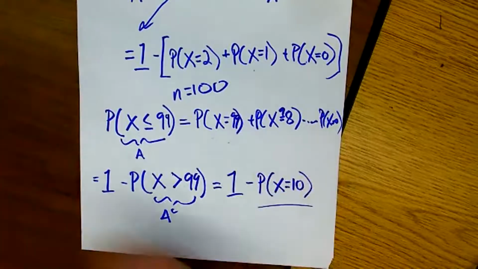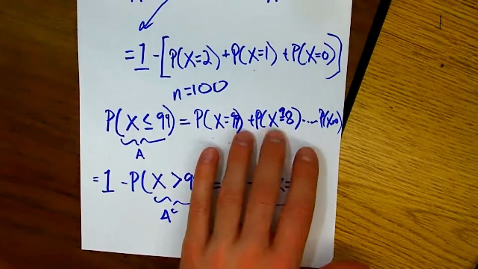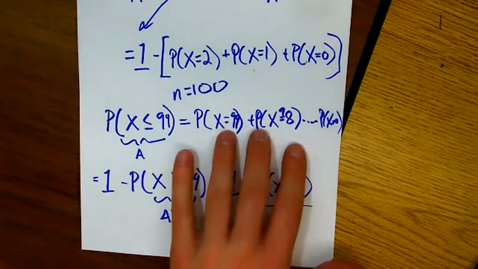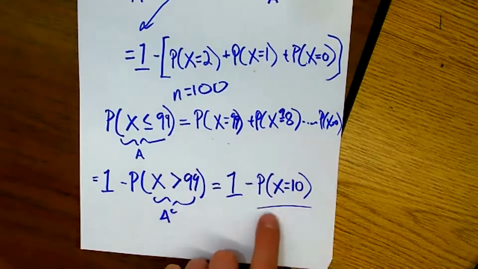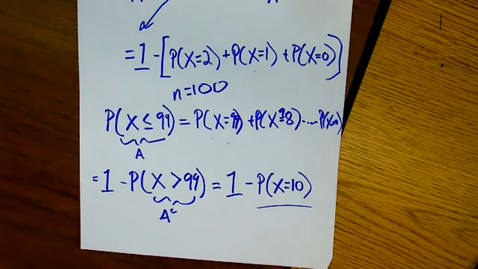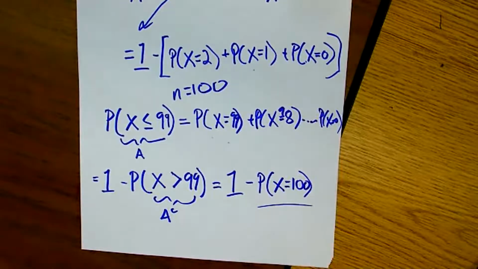When x is like 98 and n is 100, I'm going to have really large factorials in here. This is going to be a mess. If I have enough computing power, I can do this, but it's going to be a pain, right? But if I just change to something like this, much, much easier. And instead of 10 here, we would be doing just x is equal to 100, saving ourselves a ton of time and work, okay?